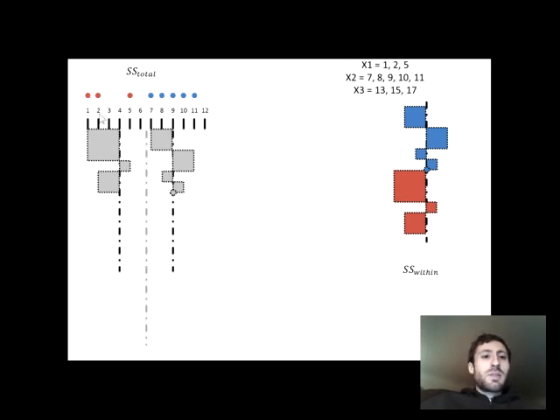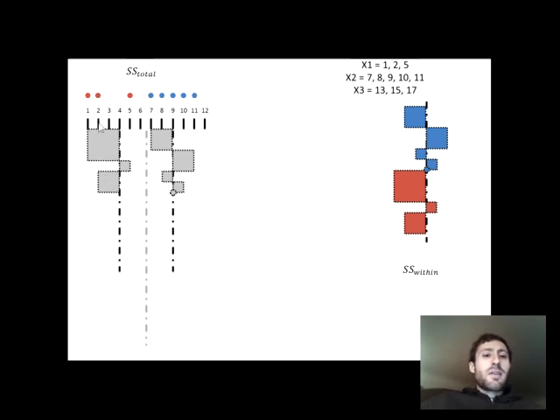So each score from the sample has a distance from the mean. Okay, so this distance of 4 units would be the distance of this score from the mean. This distance of 3 units would be the distance of this score from the mean, and this distance of 2 units would be the distance of this score from the mean, and this distance here of 1 unit would be the distance of this score from the mean.